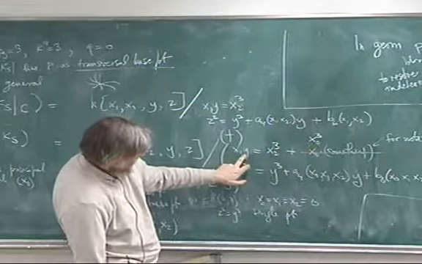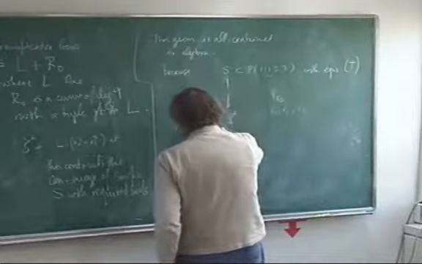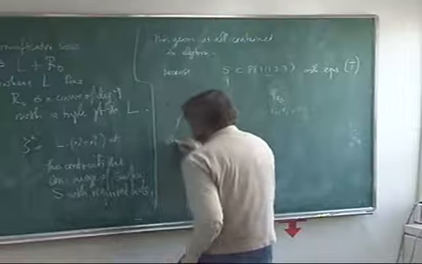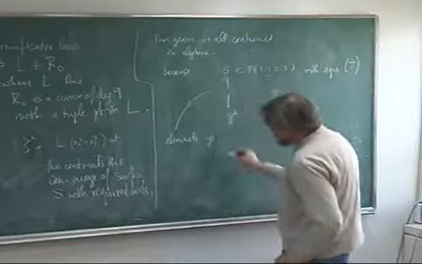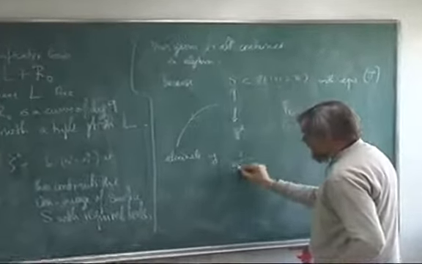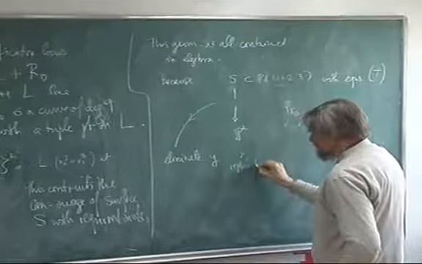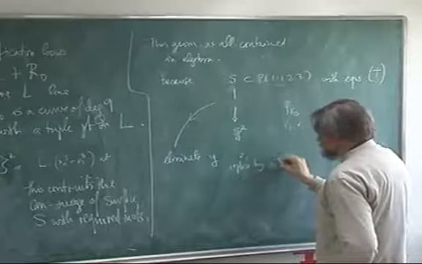The main thing that's happening here is eliminate y, and at the same time eliminate z and replace it by x0 squared times z.